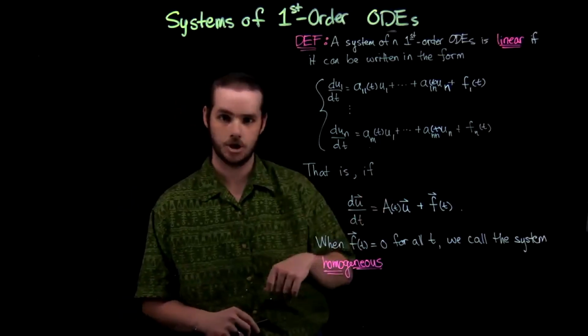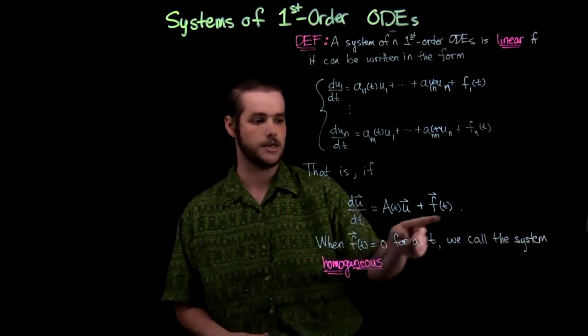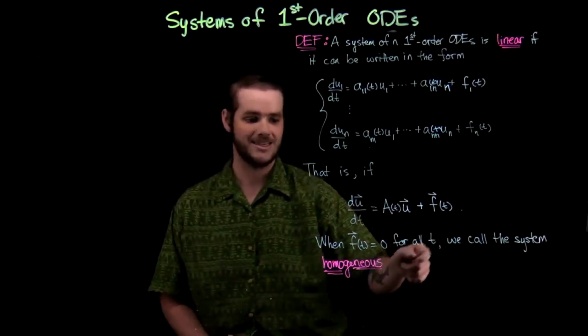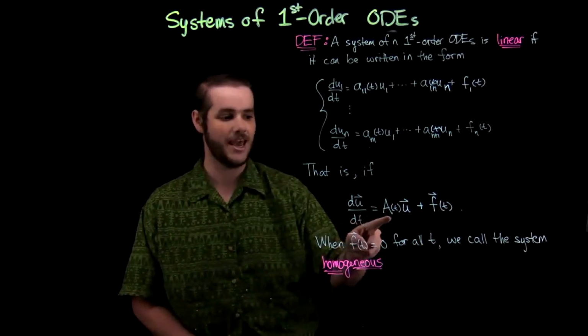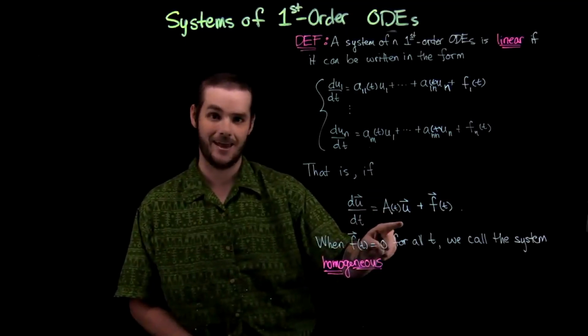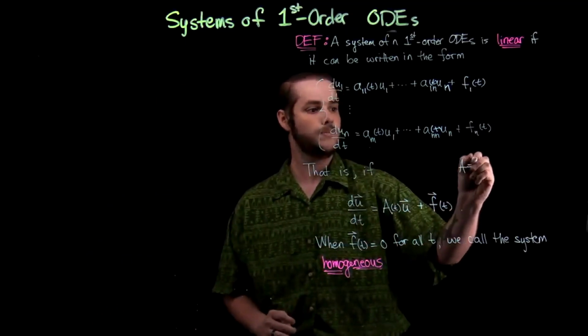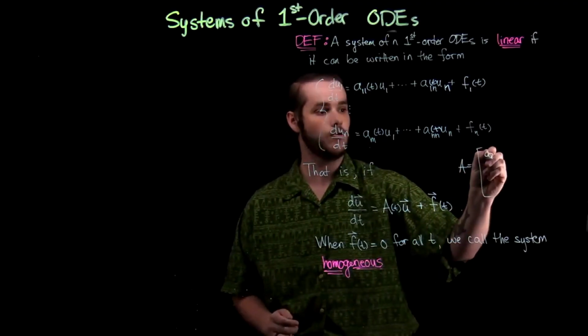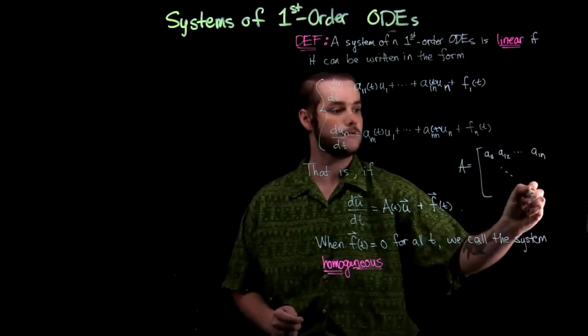By the way, the advantage of the vector notation is I can compact that a lot by saying that the derivative of vector u with respect to t equals a matrix A that only depends on t, plus that vector f of t. Here, of course, A would be the n by n matrix A11, A12, and so on and so forth.